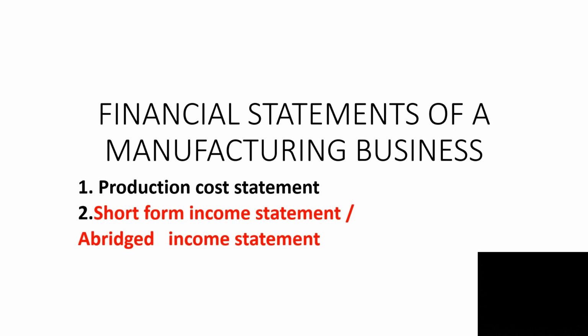We want to continue with financial statements of a manufacturing business. Our focus is on the income statement, also known as the abridged income statement or short form income statement. Like any other business, the motive of a manufacturing business is to make profit, and this profit is calculated in the income statement.